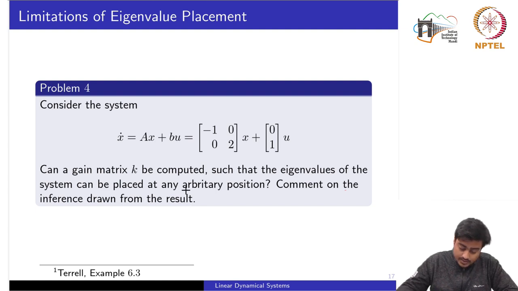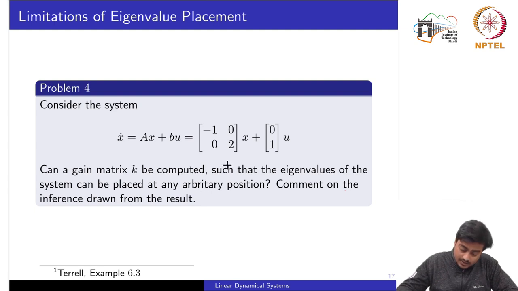This is a very important result which we discussed during the lecture slides. Here we only need to show the controllability, whether the system is controllable, because if the system is controllable, then we can place the eigenvalues of the system at any arbitrary position.